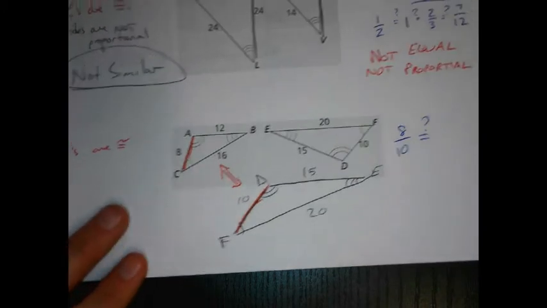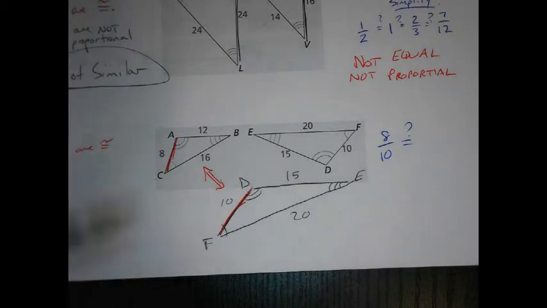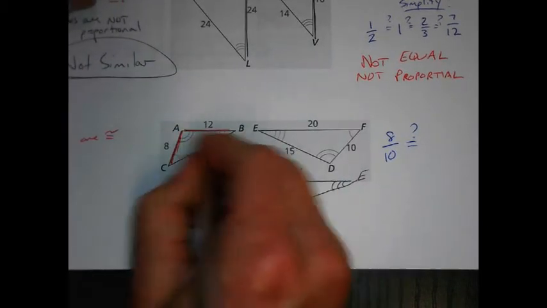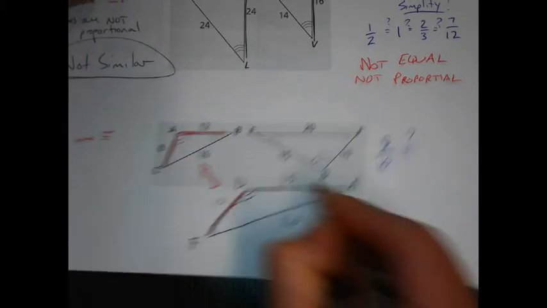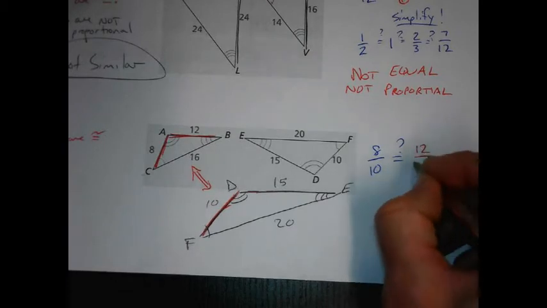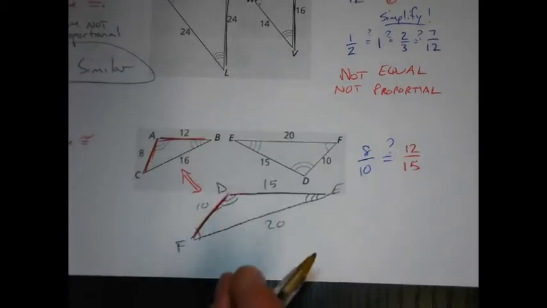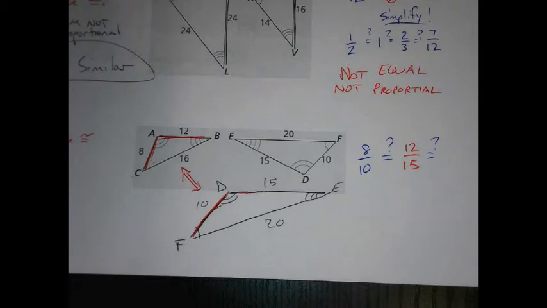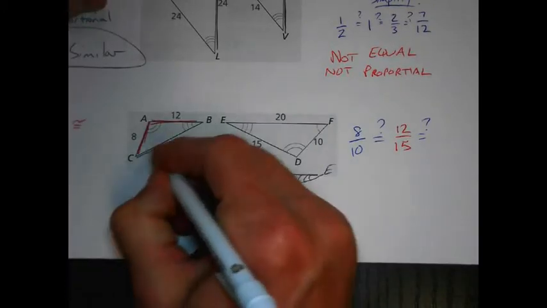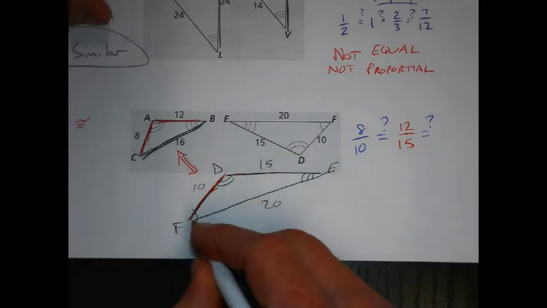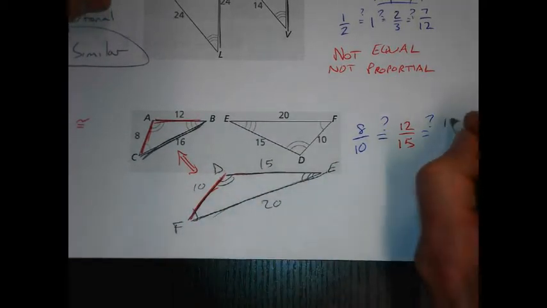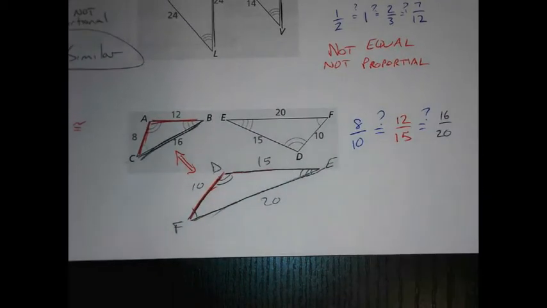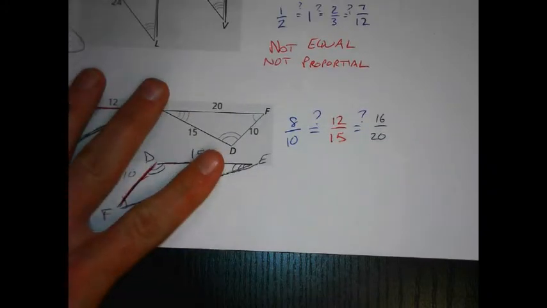Now we look at A to B, which is 12, and D to E, which is 15. Is that a true statement? We don't know. And then our last side, is that going to be equal to the last proportion? From C to B is 16, and from F to E is 20. So it's going to be hard to tell.